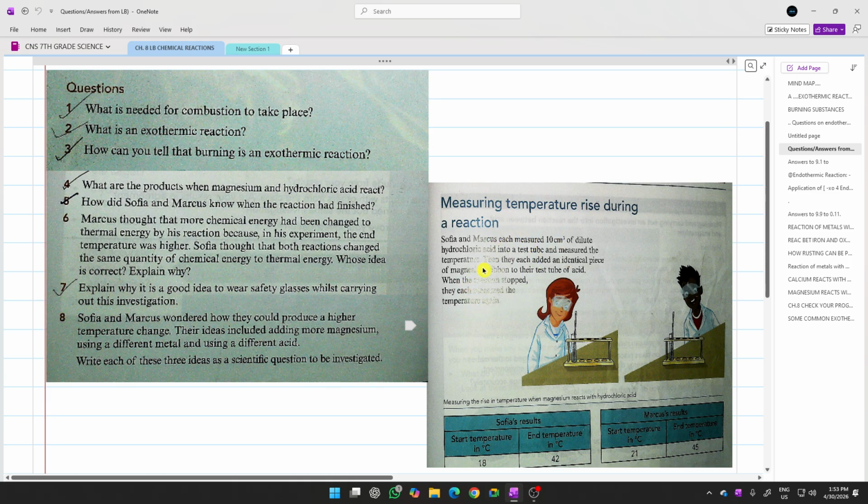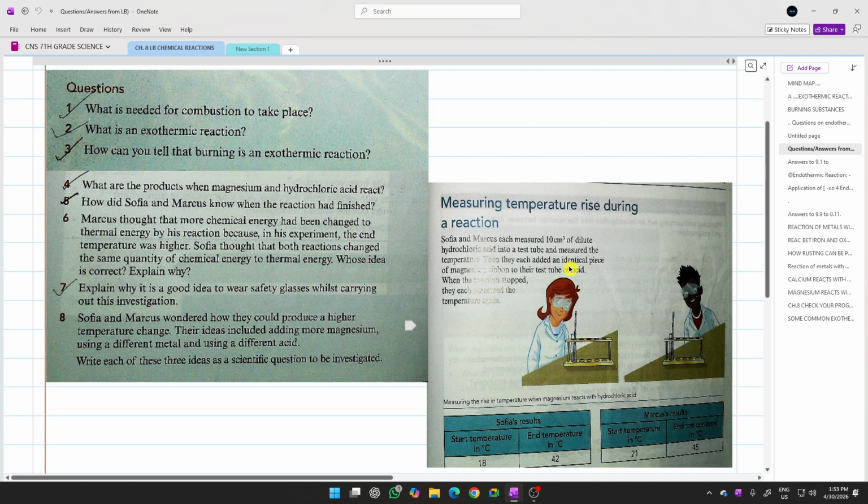Okay, and I'll just tell you what they are doing. They both took 10 centimeter cube of dilute hydrochloric acid in a test tube. Okay, each of them.